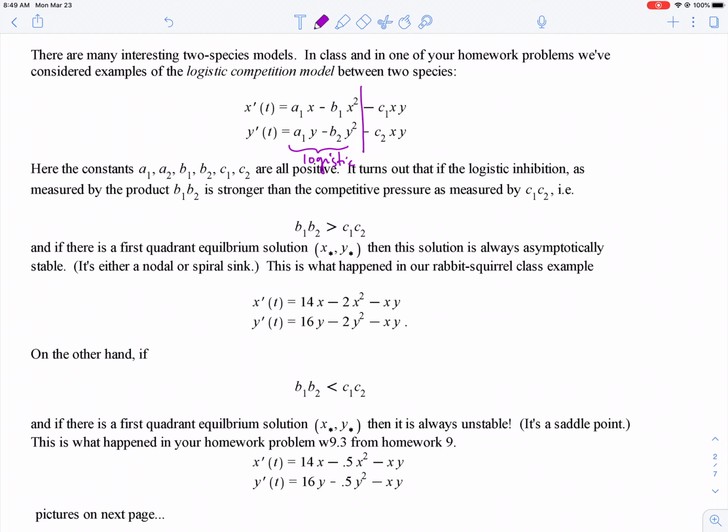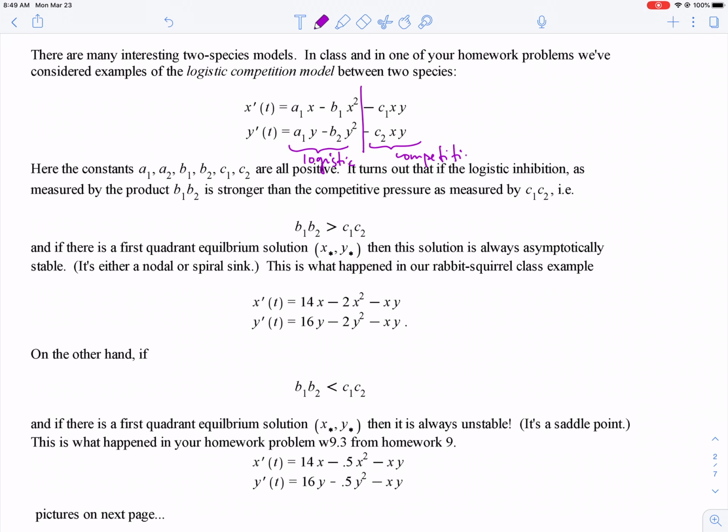So in the logistic terms, the B coefficients represent competition either for resources or mates or whatever that happens as the population increases. So that sort of inhibition can occur as well from species competing for the same things like rabbits and squirrels, and these are the competition terms.